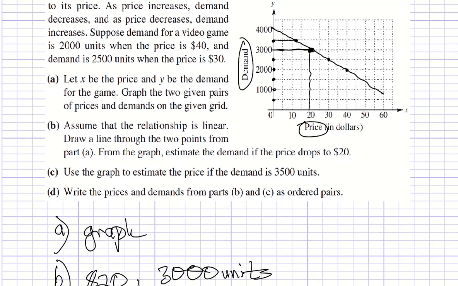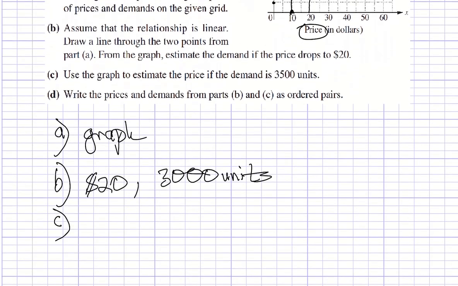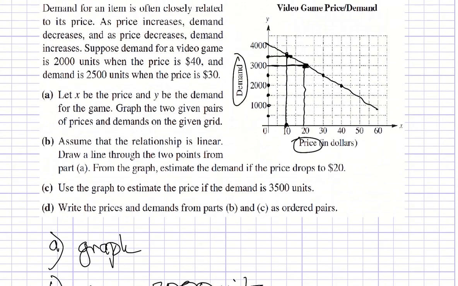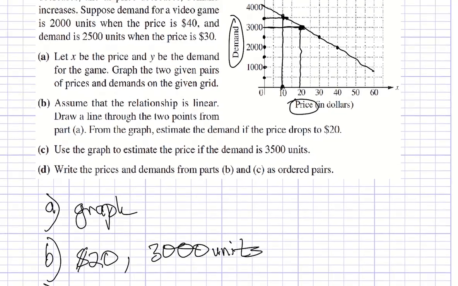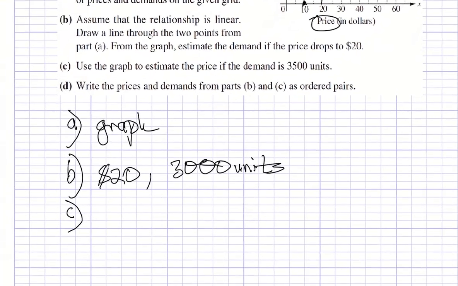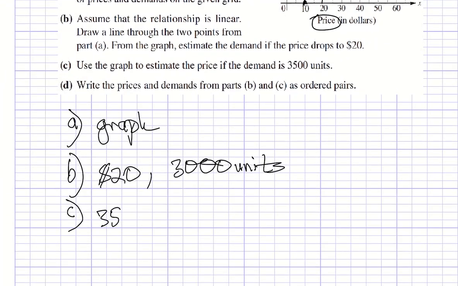The graph is not clear, so you've got to be right here. It's $10. If the demand is 3,500 units, then the price is what? It's $10. That's what we got there. So that's number C.